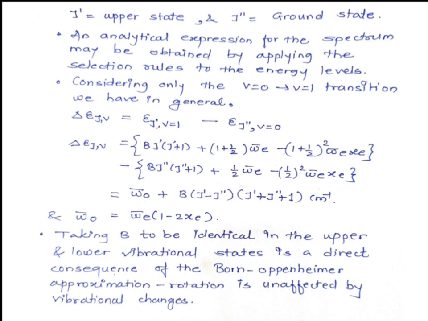The value of the change in energy of the first transition will be omega bar E in a bracket 1 minus twice Xe. So I have written here the omega bar 0 value. After solving this we get omega bar E in a bracket 1 minus twice Xe plus the remaining term. So I have written this omega bar 0 in place of this term in the equation of delta EJV.